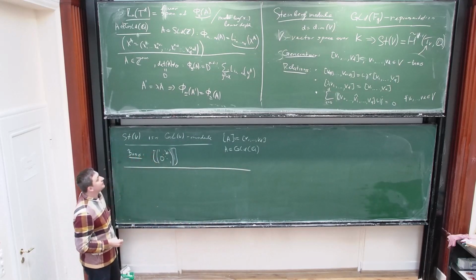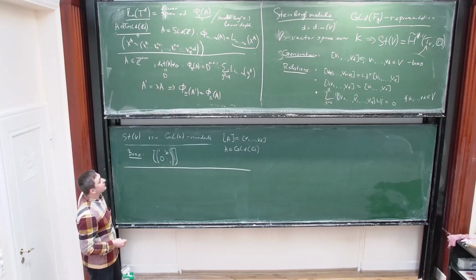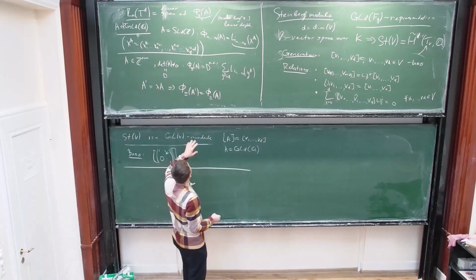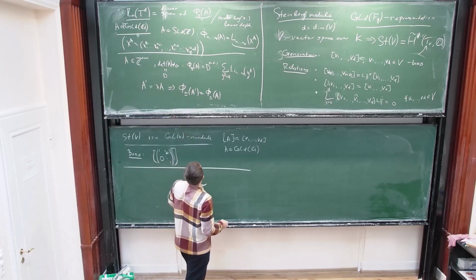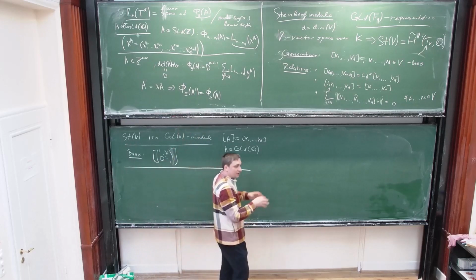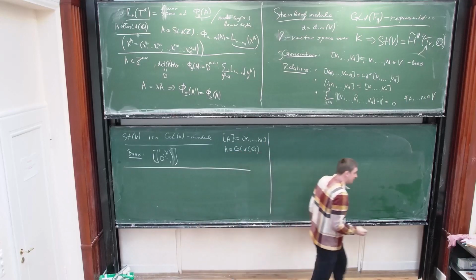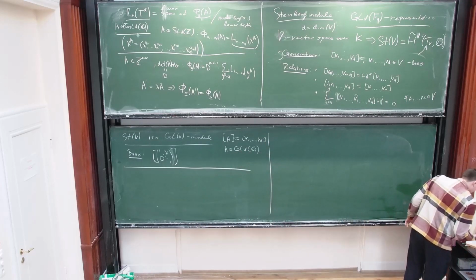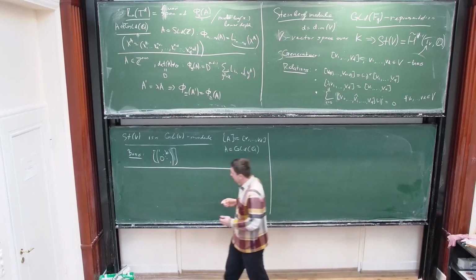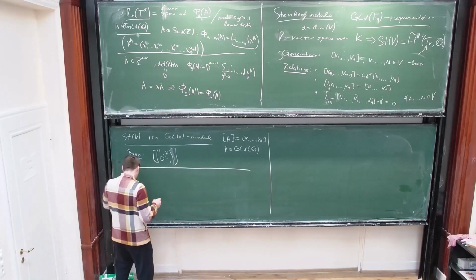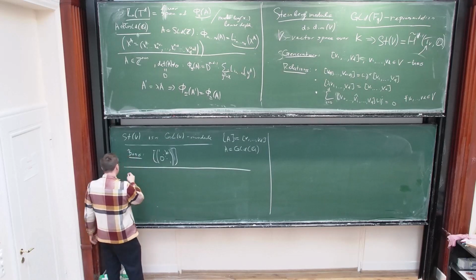So before I state the main theorem, which is the relation between this polylogarithm space and the Steinberg module, I just want to mention another way in which the Steinberg module naturally appears. If you do partial fraction identities, it is the right object to describe them.